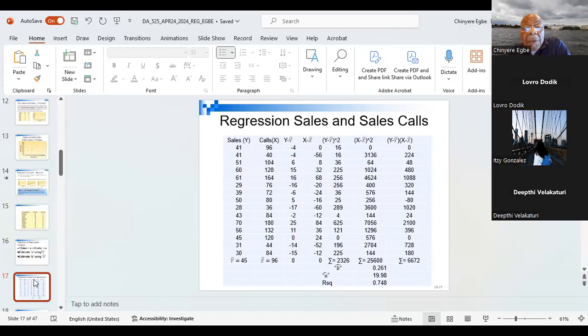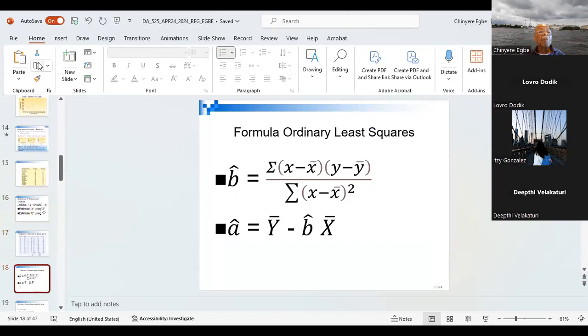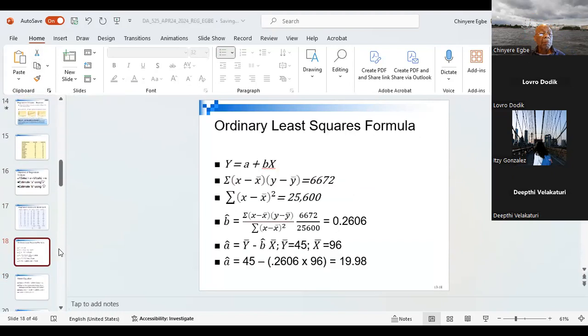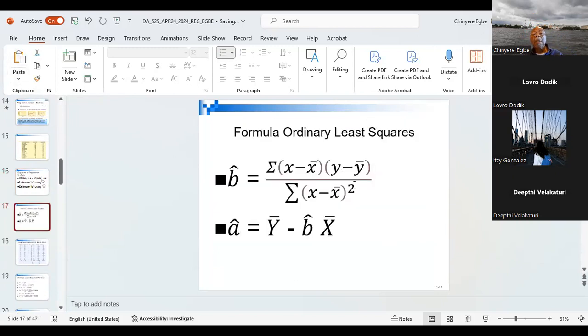I'm just trying to explain the process by which we do the estimation using the formula that we have here. So for now, I'm going to stop share and go through that formula.